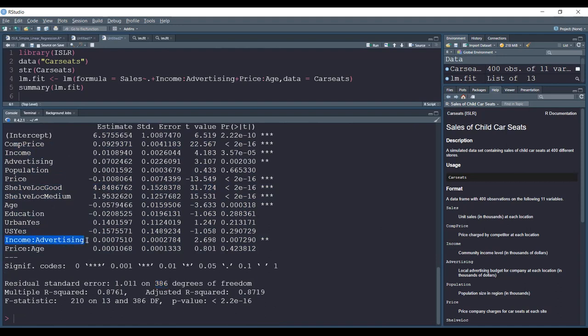Notice that we have a parameter for income interacting with advertising and price interacting with age. And although this one doesn't seem to be really contributing to the predictability of the model, you do get 2 asterisks over here, so it's statistically significant. The standard error is kind of in the same ballpark in terms of orders of magnitude.